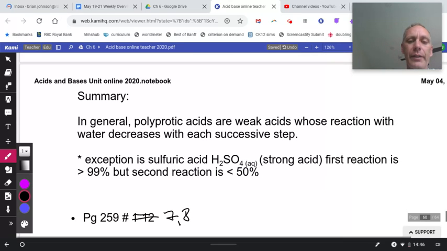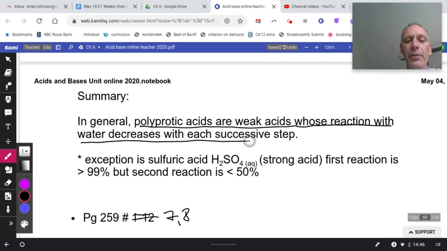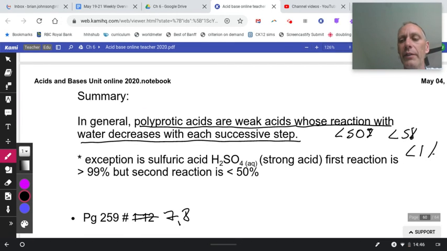So to summarize, polyprotic acids are weak acids whose reaction with water decreases with each successive step. Greater than 50%, greater than 5%, greater than 1%. And that's if it has an H3 to get to that third step. Sulfuric acid is the exception, which we went through.